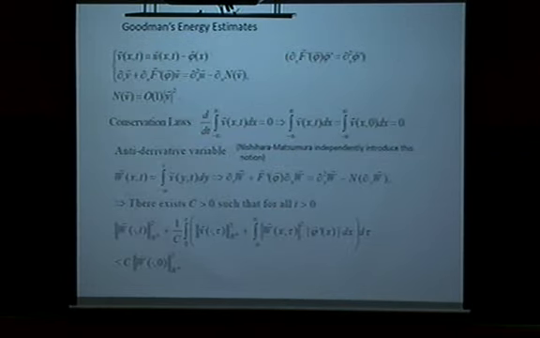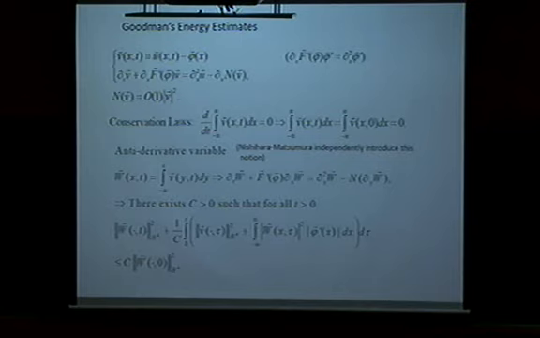Let me tell you what is essential in the proof: the conservation law. If you rewrite the perturbation in conservative form, you can derive the conservation law. This means that if the total mass in the initial data is 0, then the total mass remains 0 for all time.